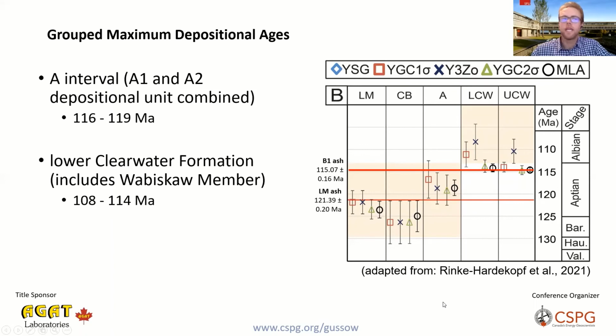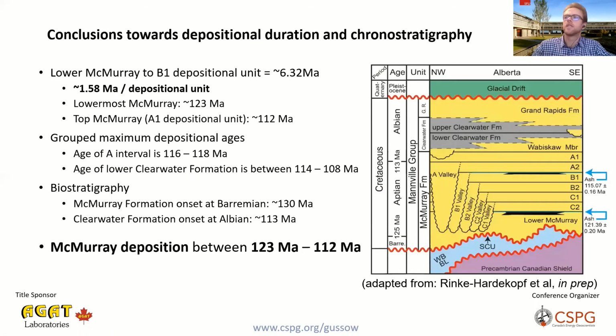So if we now combine all of this information, we can make some pretty simple but powerful calculations, I believe. We have, as a current thought in the literature, 7 different depositional units here, and we have the ages of the ash situated at the top of the lower McMurray here, as well as the top of the B1 depositional unit here.